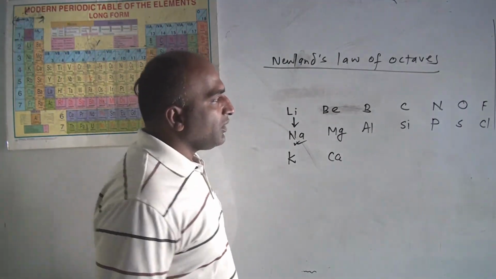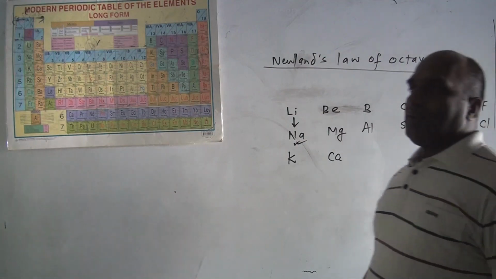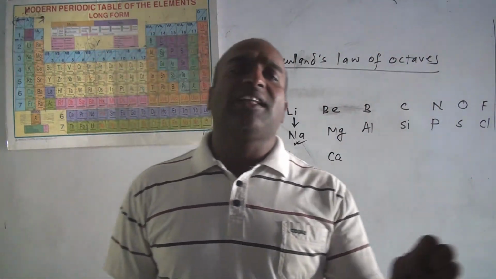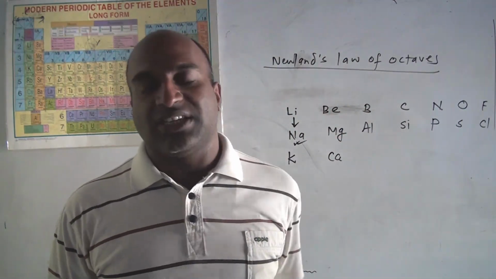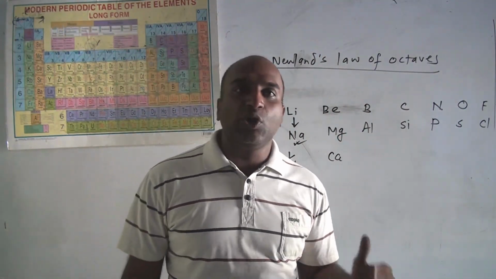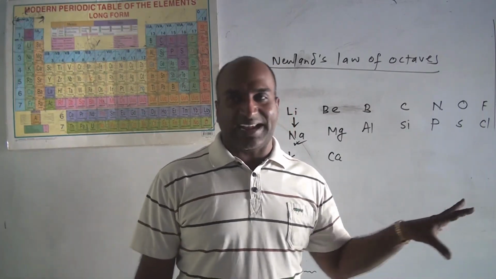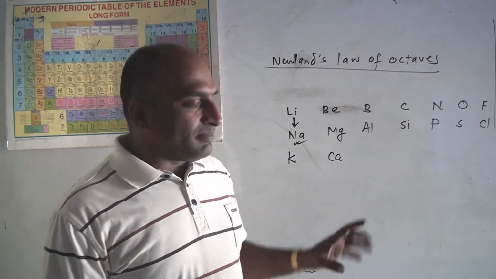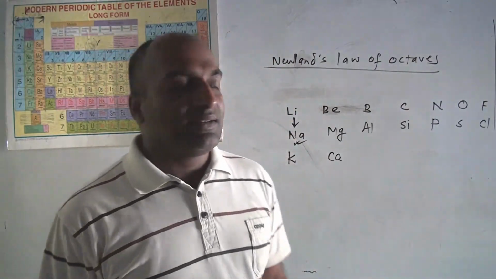There were also several vacant positions. He left several gaps in the periodic table, marked with a star, so that new elements would be discovered in future and occupy those vacant positions.